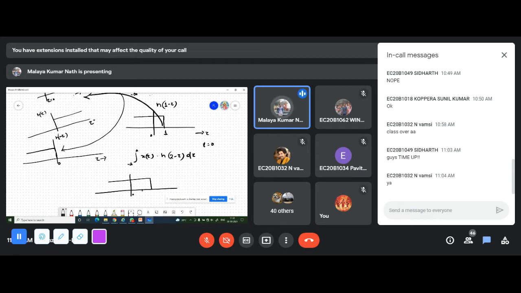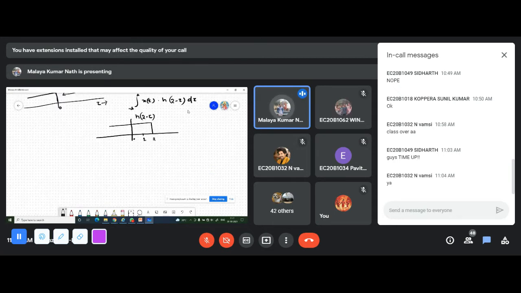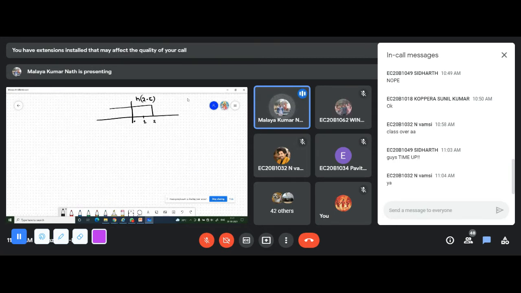So this is 0, this is 1, this is 2, this is h of 2 minus tau. Right? So now this will be multiplied with this, and then summation. So what are the salient points? The first point I can write here: both signals x of t and h of t are converted to x of tau and h of tau.